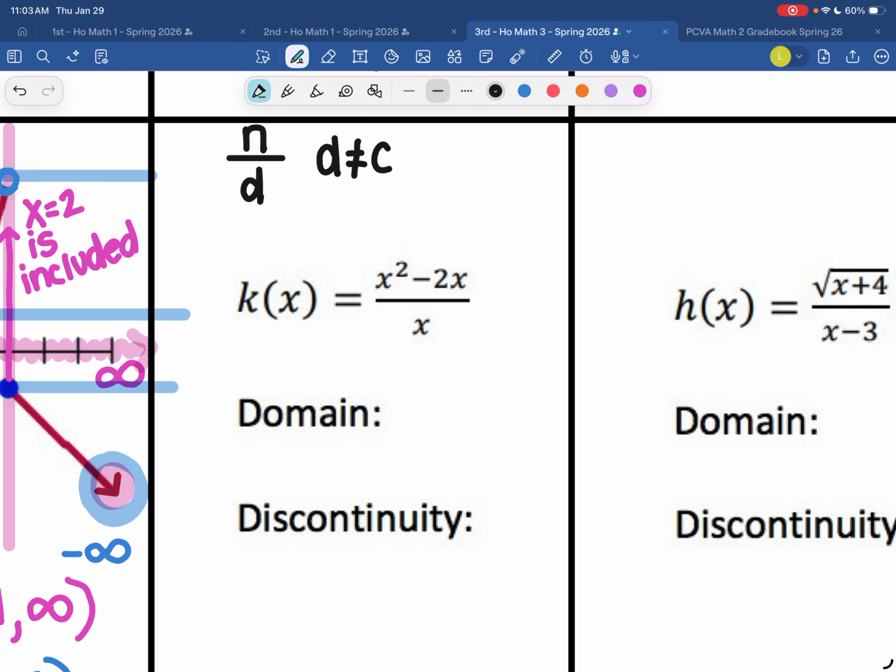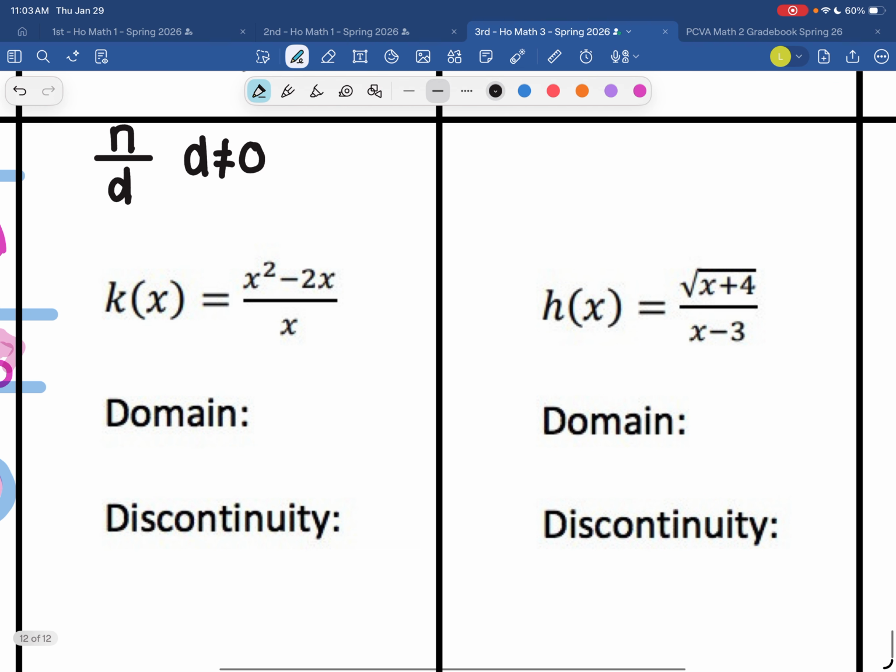So you would have to figure out, is there any value that would cause the denominator to equal 0? There's also another rule about even roots, or square roots particularly. If I ever have a square root, square roots can never have negative numbers inside. So the numbers inside of my square root, regardless of what they come to be, always have to be greater than or equal to 0.